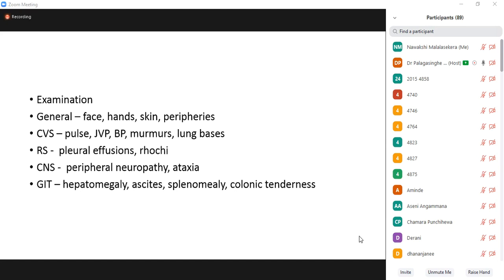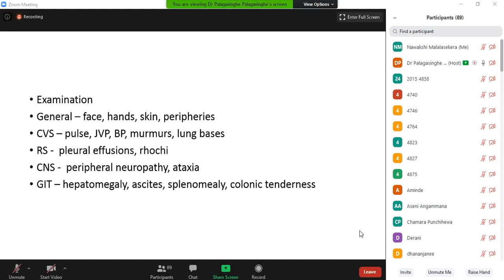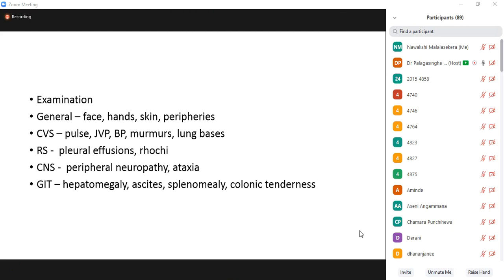General appearance of the patient: a thin build, emaciated. If somebody is emaciated and thin build, that indicates there is some organic pathology. Very unlikely a patient comes to you with a functional pathology if emaciated. If the patient is averagely built or obese, you may be thinking of some other etiologies.